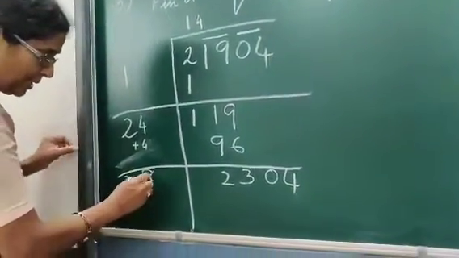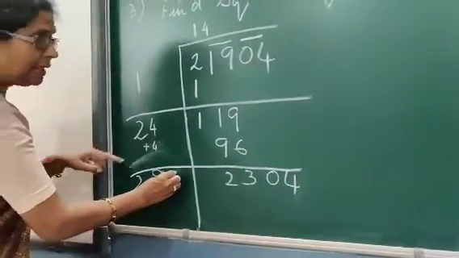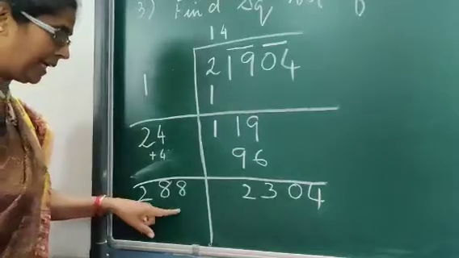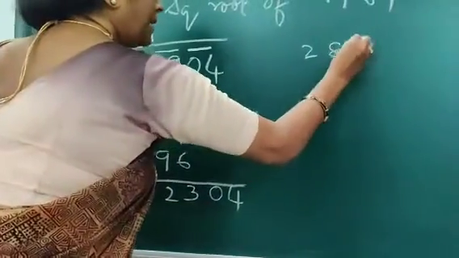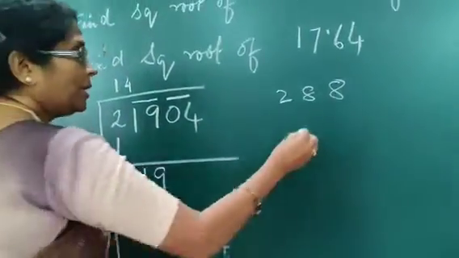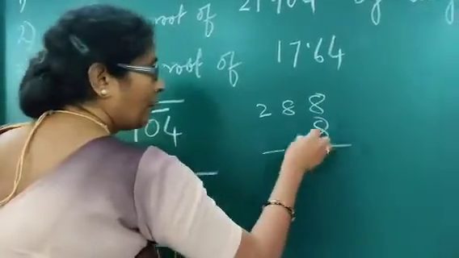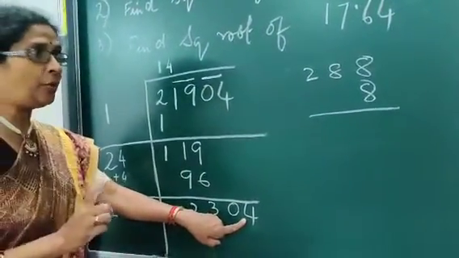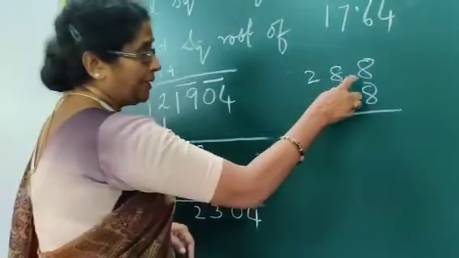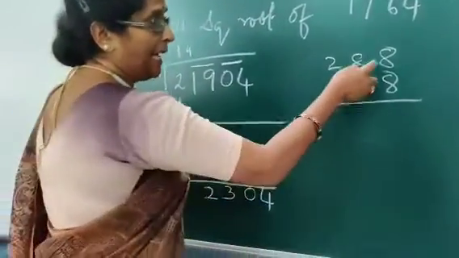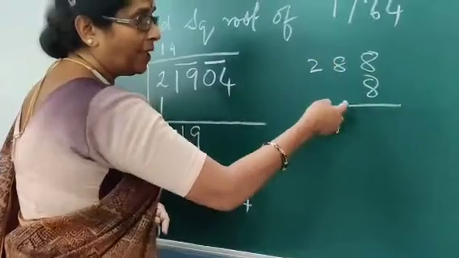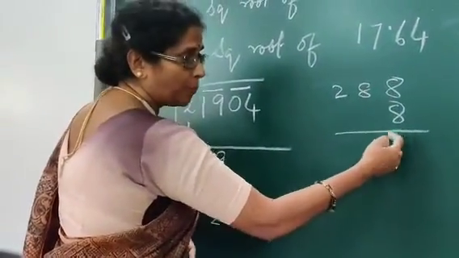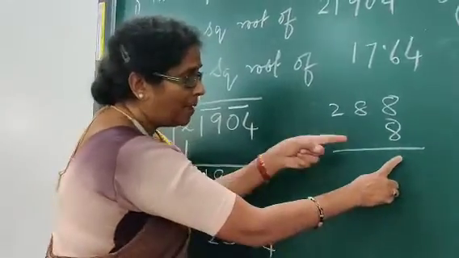Now let's see which number I have to take. If I take 8, 28 into 8. Why have I taken 8? Because the last digit is 4. Already you know that this is a property of squares: 8 is the unit place, and when you multiply 8 into 8, the unit place of the product comes 4.